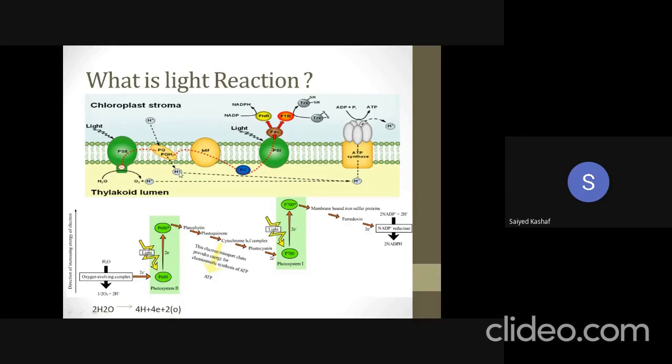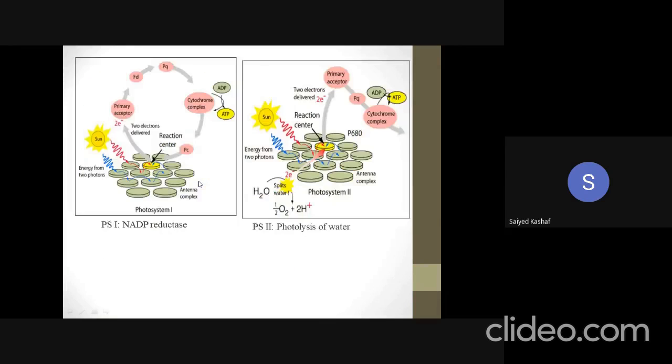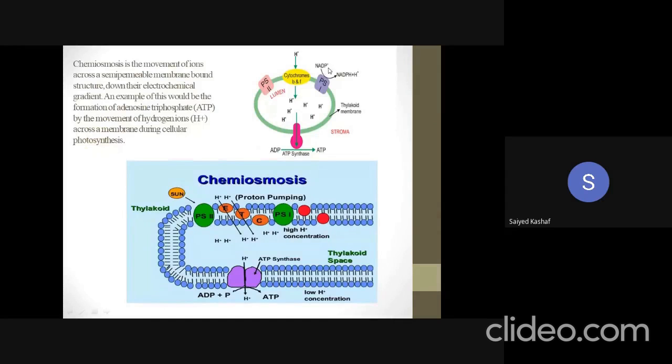So this H2 has been released in the lumen, which is also responsible for the increase in the proton gradient from stroma towards the lumen, right? And the third reason is this NADP. NADP accepts the H+ ion which is present in the stromal portion of the chloroplast and gets reduced into NADPH, right? This process takes place only in PS1 because this PS1 system has the NADP reductase enzyme, right?